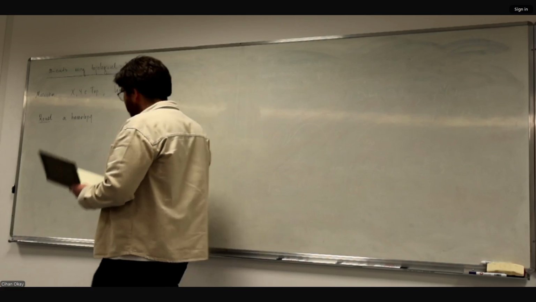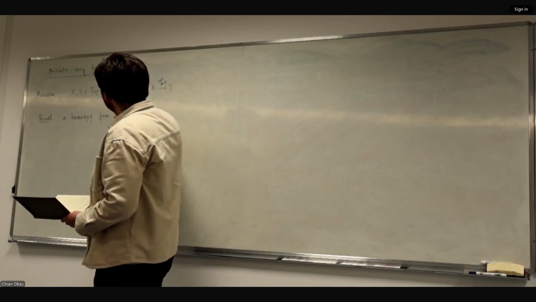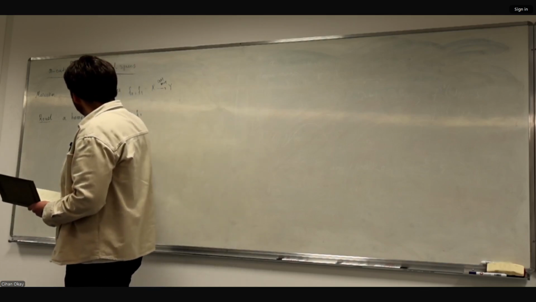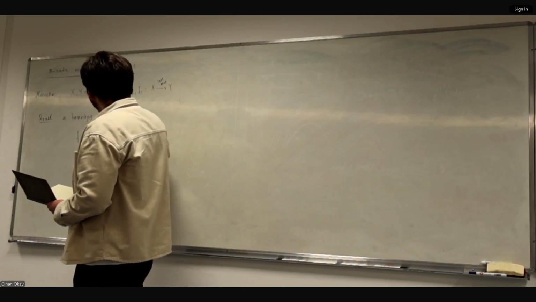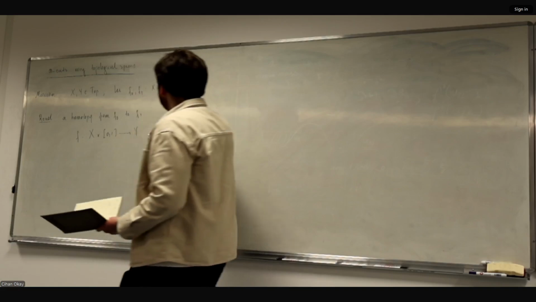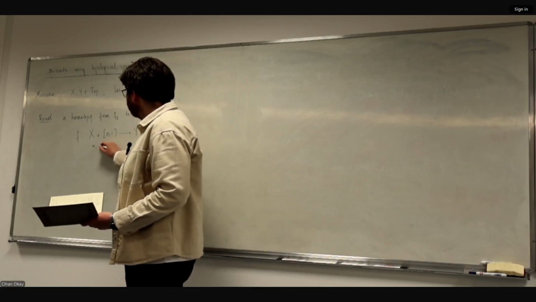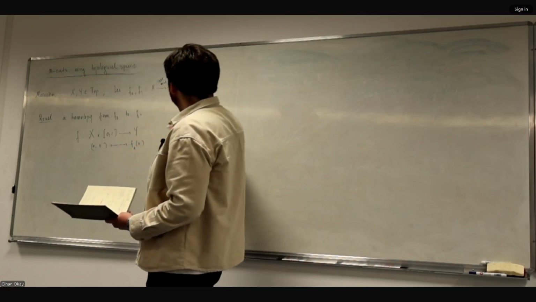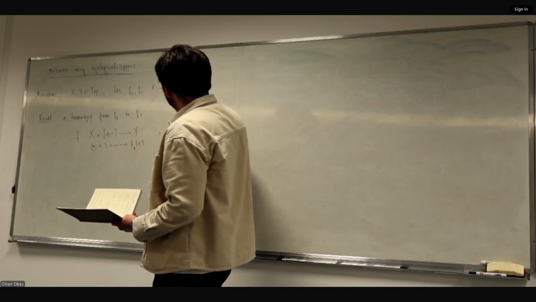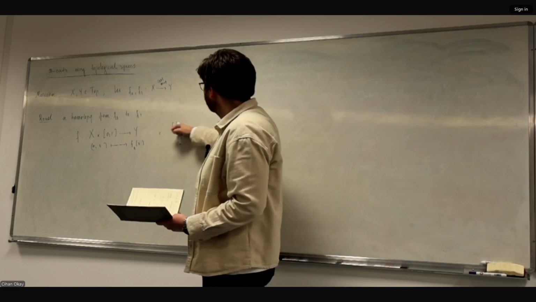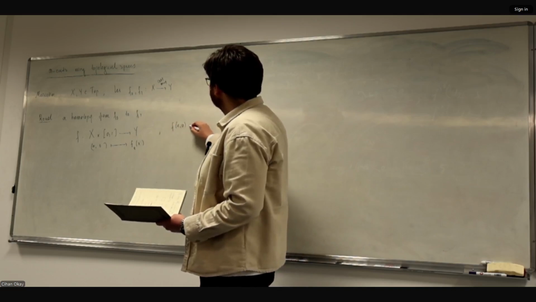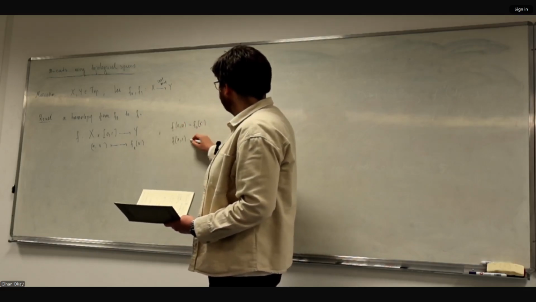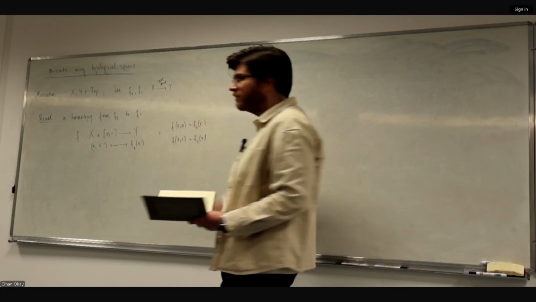A homotopy from F0 to F1 is a map, right? Let me denote F from X times [0,1] to Y, so for each x and t, we have f_t(x). If you restrict to t equals 0, it is the original map F0, and you have continuity and everything. So this is your homotopy.